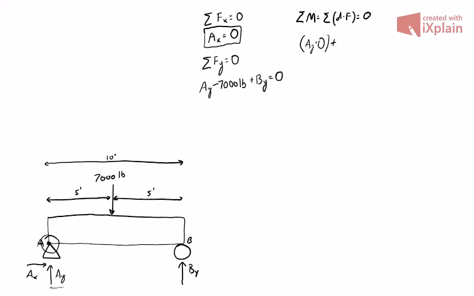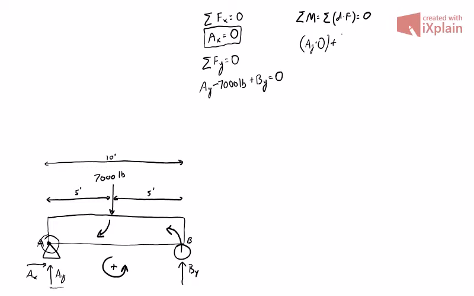plus, and we also have to decide what direction is going to be positive. So we're going to define counterclockwise rotation as our positive direction. Our 7,000 pound force will give a clockwise rotation. Our force from B gives a counterclockwise rotation. So our 7,000 pound force is going to be negative, and our force at point B is going to be positive.